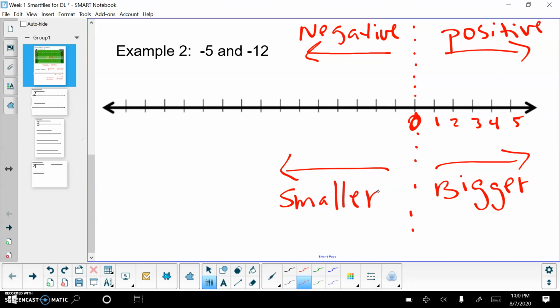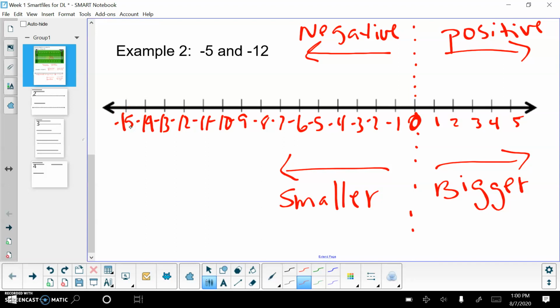So if I go here from the 0, that's -1, -2, -3, -4, -5, -6, -7, -8, -9, -10, -11, -12, -13, -14, and finally -15.